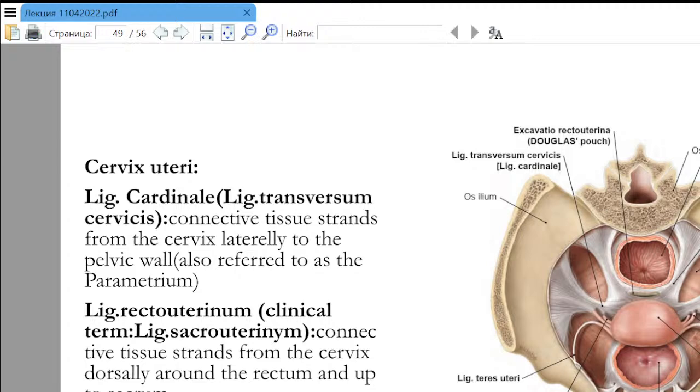And the next, ligamentum pubocervicale. Located in this area.